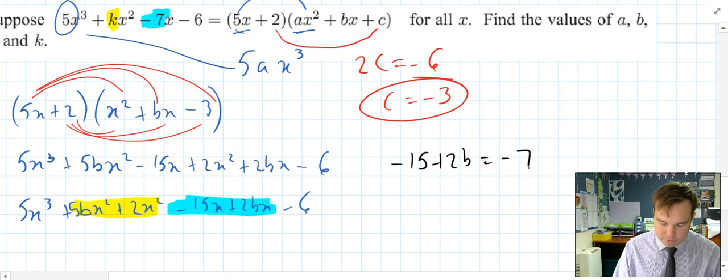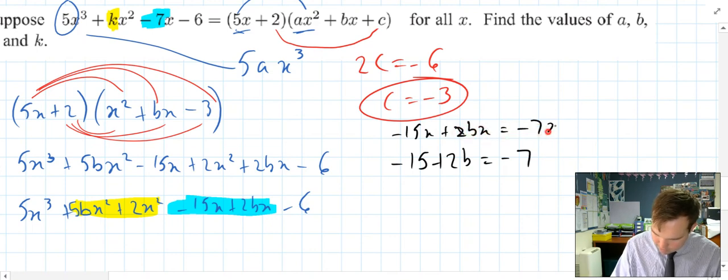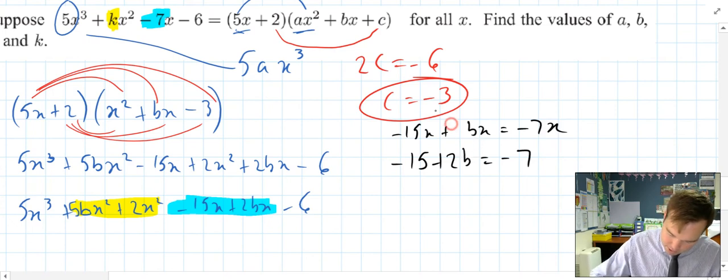And if you're not sure where that's come from, think about taking the entire thing involving x. You could have minus 15x plus 2bx equals minus 7x. And then at this stage, you just divide by x, and the x disappears, and you're down here.